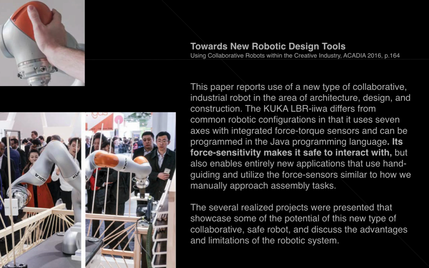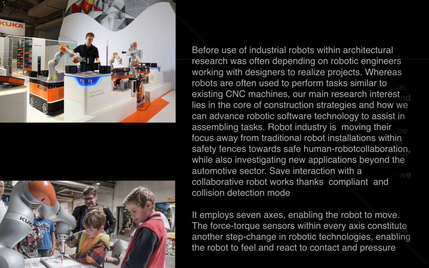So the paper reports on use of a new type of collaborative industrial robot for the process of design and assembly construction. It differs from traditional robotic configuration, as it is a new type of collaborative safe robot, and I'll show a few more slides from this paper.